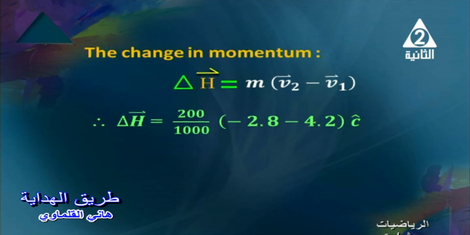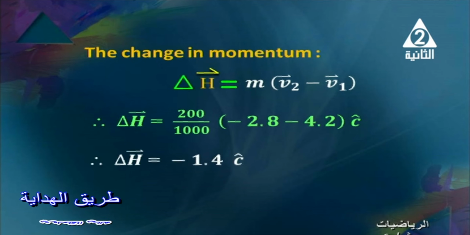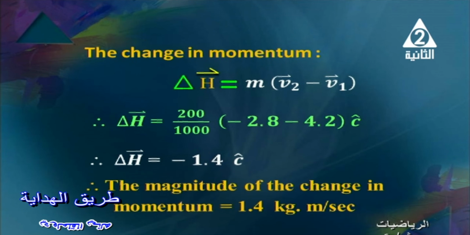Velocity vector v2 equals negative 280 centimeter per second, divided by 100, equals negative 2.8 meter per second, minus v1 which is 420 divided by 100, equals 4.2 meter per second in the direction of the unit vector c. Then delta h equals negative 1.4 in the direction of unit vector c. Then the magnitude of the change in momentum equals 1.4 kilogram meter per second.